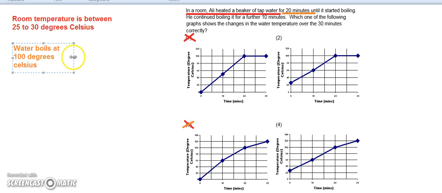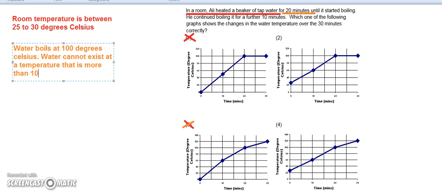Now water cannot exist at a temperature that is more than 100 degrees Celsius. Why? Because more than 100 degrees Celsius will be water vapor, right?